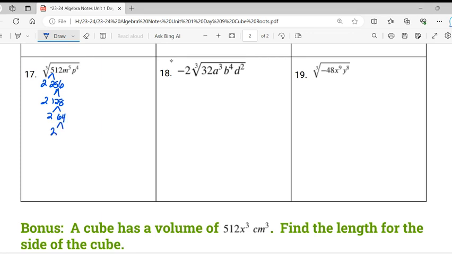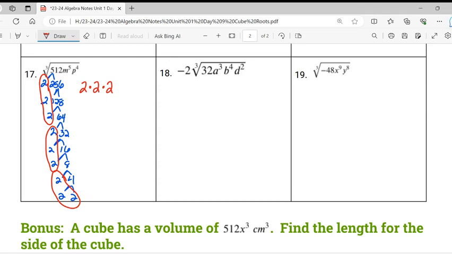I'm going to keep going. That was a long branch. As we look for our triplets, we've got 1 set of triplets, 2 sets of triplets, and 3 sets of triplets. So outside the cube root, we're going to have a 2 times a 2 times a 2.